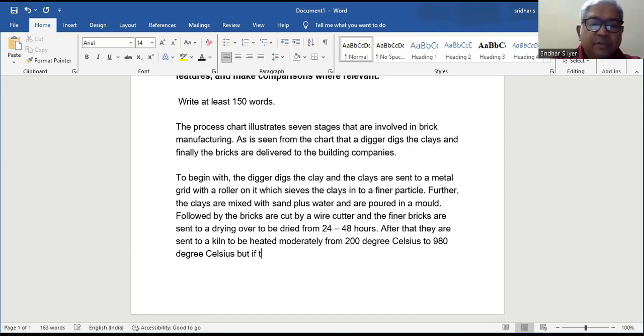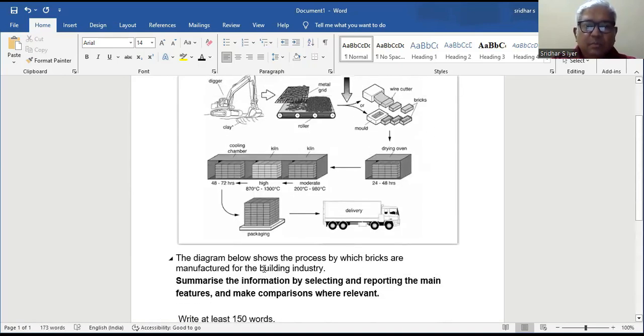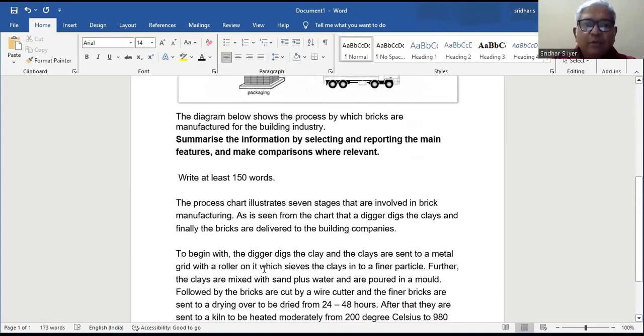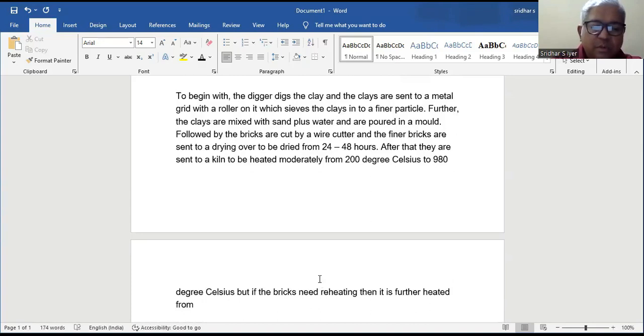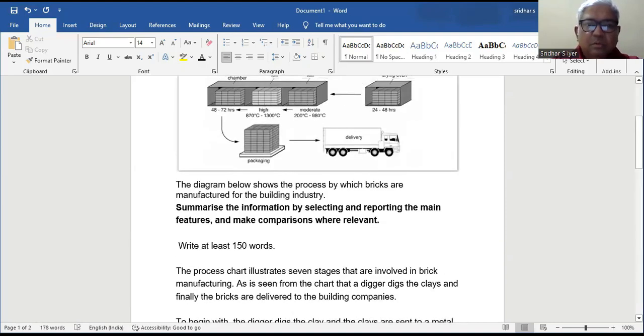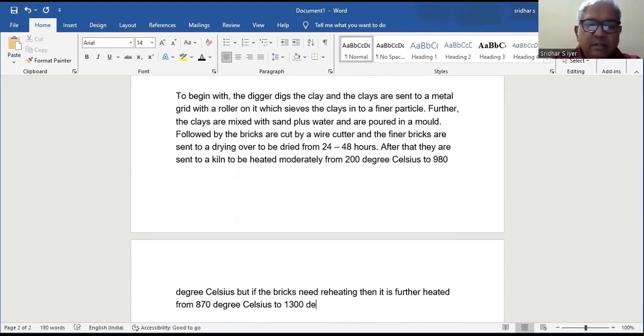But if the bricks need reheating, then it is further heated from 870 degrees Celsius to a high of 1300 degrees Celsius.